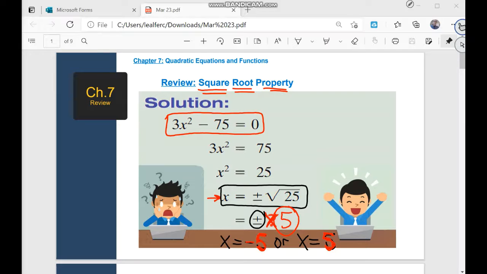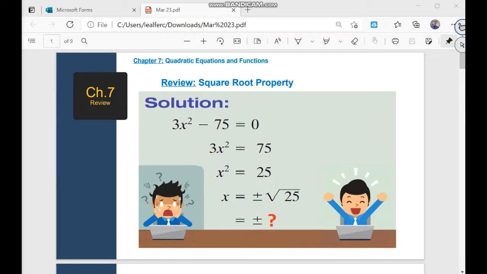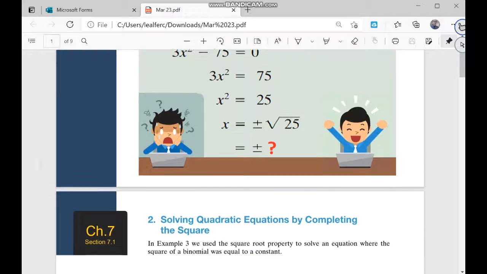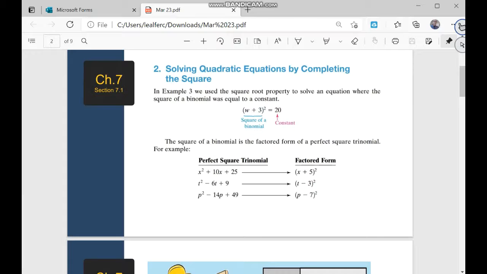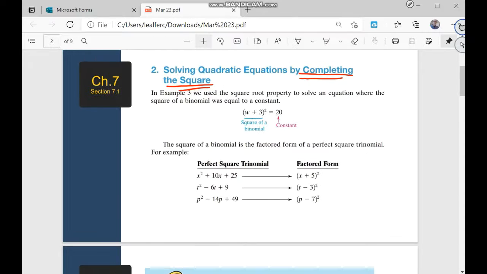Moving on, I'm so happy that you remember about yesterday, that you found the right answer. Today we're going to talk about completing the square. I don't like to say that things are difficult. I'm not going to say it's difficult, but sometimes it can be hard to visualize and understand what completing the square means.